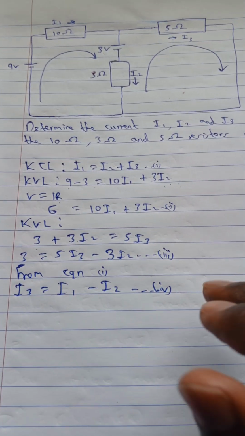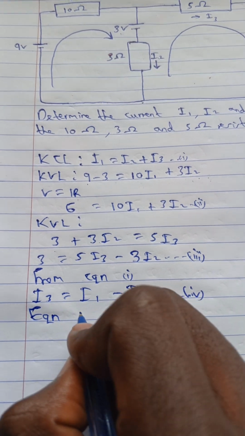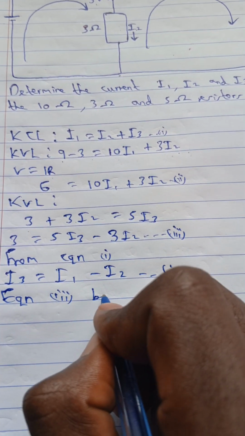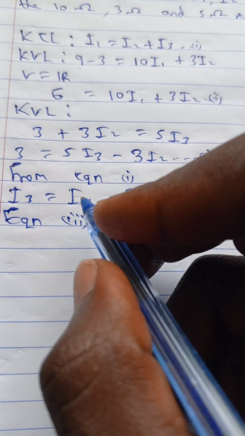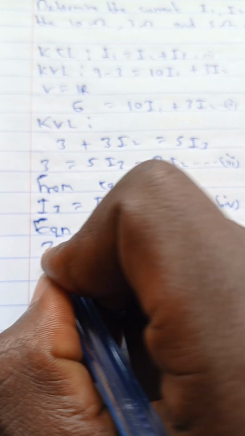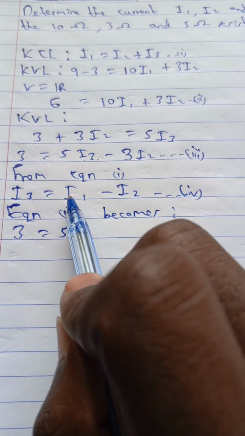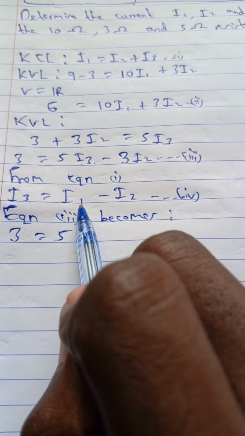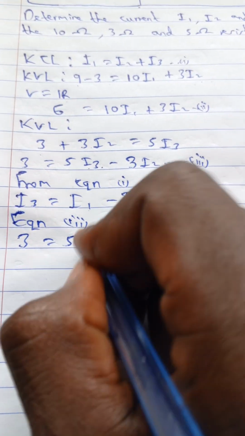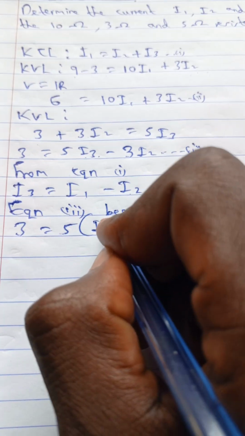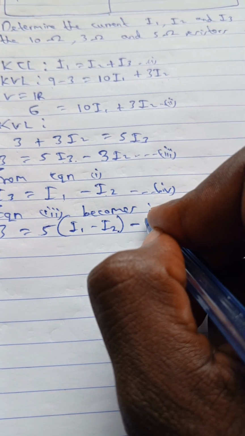And now having that, equation 3 becomes 3 is equal to 5. Now instead of writing I3, remember we have said I3 is equal to I1 minus I2. So we just substitute, and the equation will be I1 minus I2, minus 3I2.